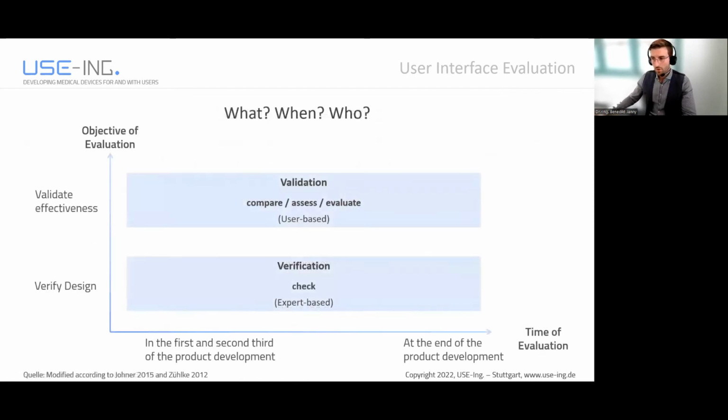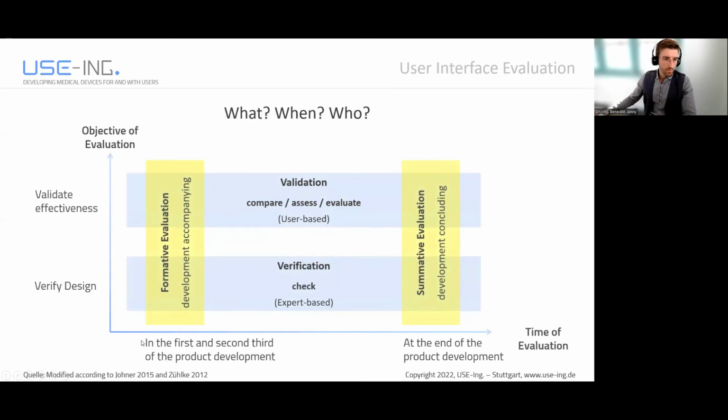Let's take a short view into when, who, what. As I pointed out, we perform formative evaluations in the first and second third of product development, and the summative evaluations at the end of the product development.